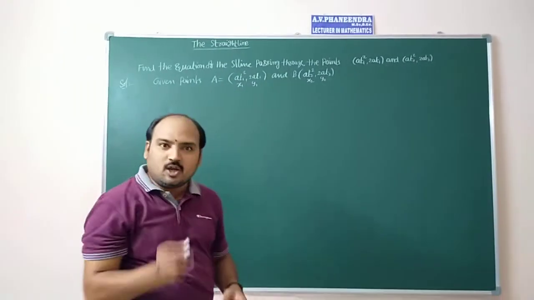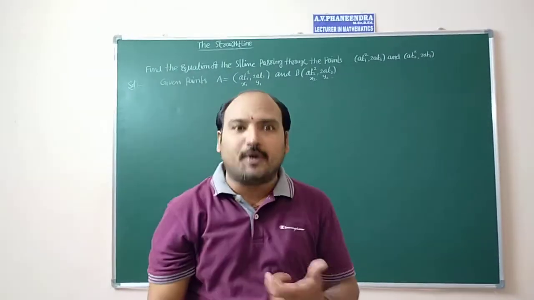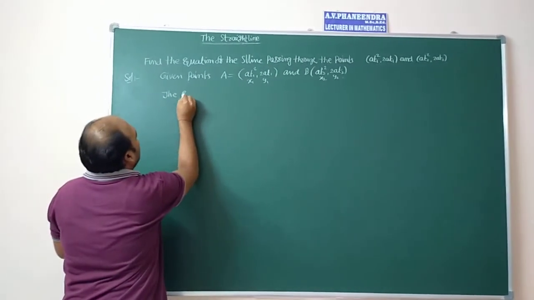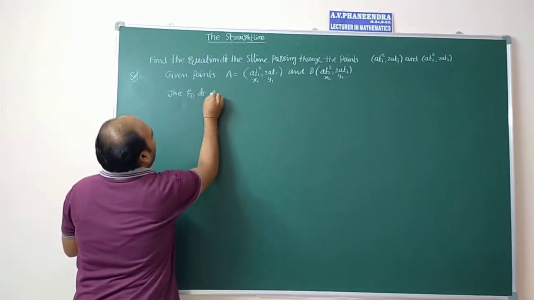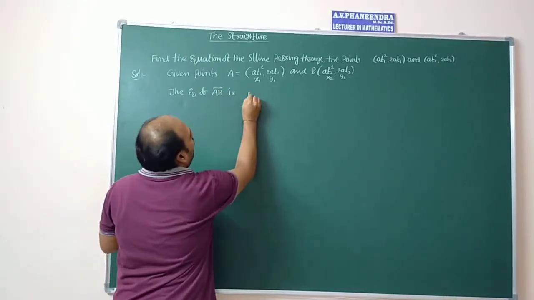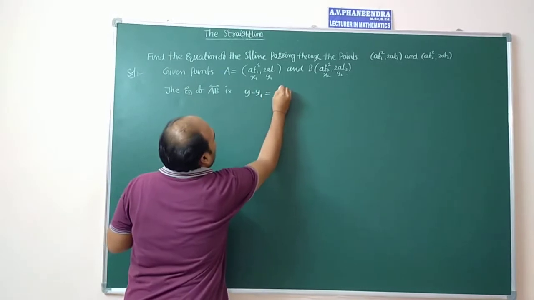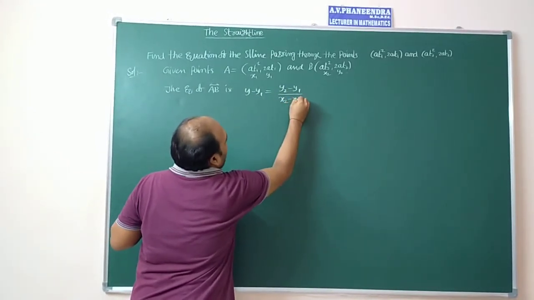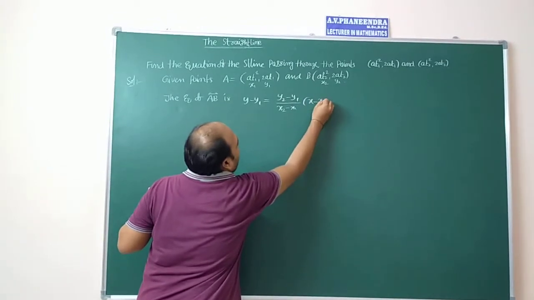We know that the equation of the straight line passing through the 2 points is, the equation of AB is y minus y1 is equal to (y2 minus y1) by (x2 minus x1) into (x minus x1).